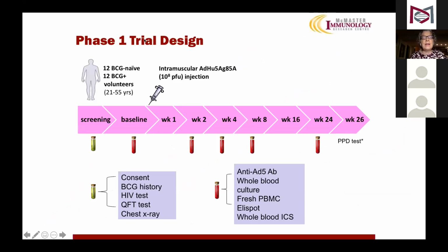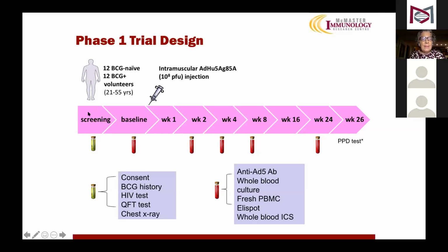So our phase 1 trial design, our first study that we did probably around 2010, looked at taking 12 BCG naive participants and 12 BCG positive volunteers. We had an age range of 21 to 25 years. We gave them all intramuscular AdHu5Ag85A, one dose here at 10 to the 8 particle forming units.